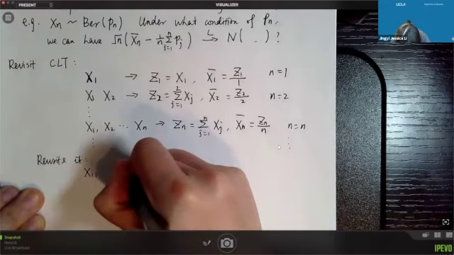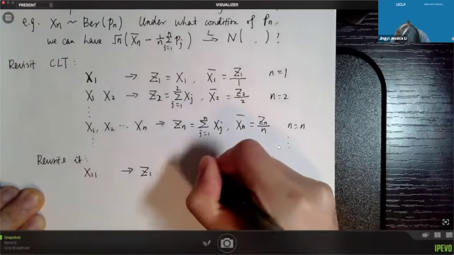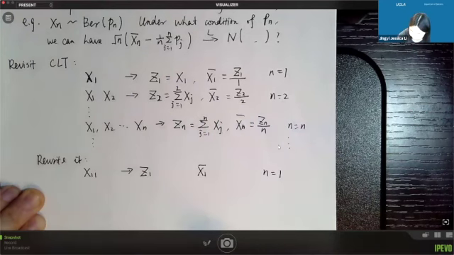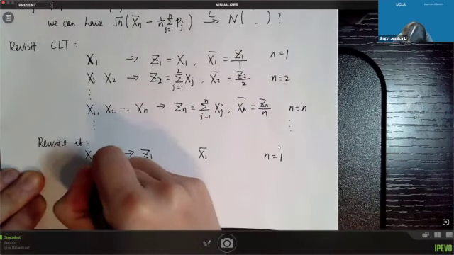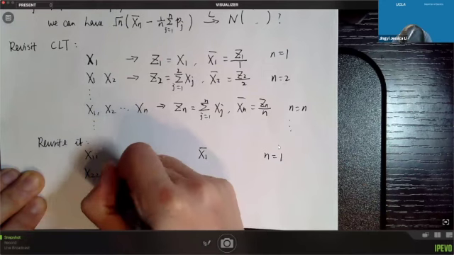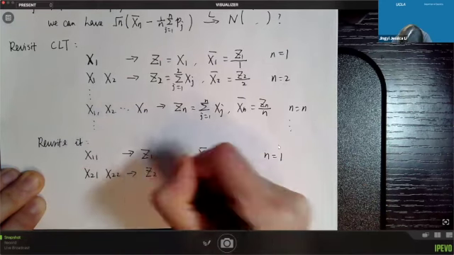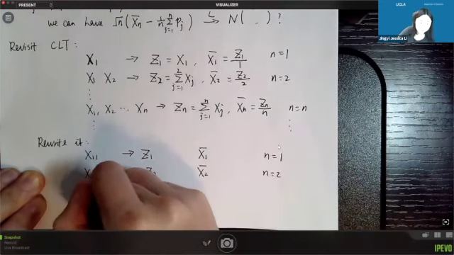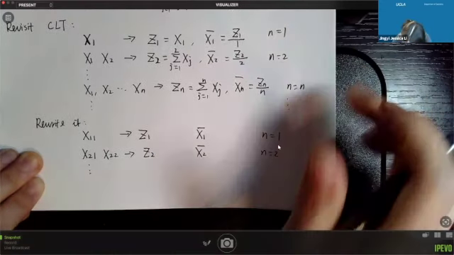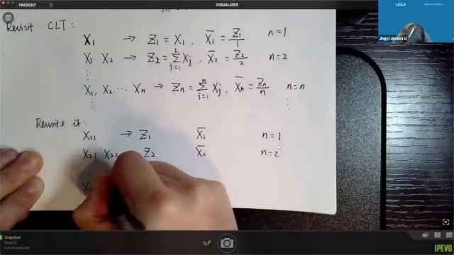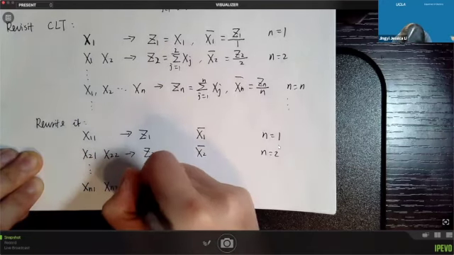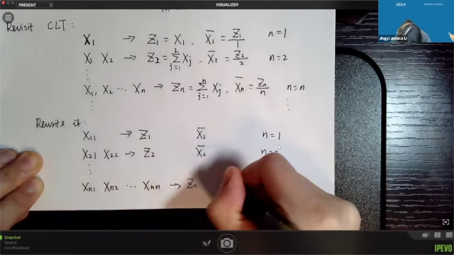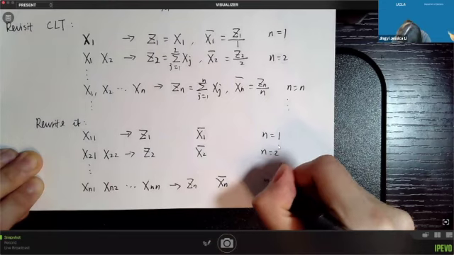So this one gives me Z1 and X1 bar, corresponding to n equals 1. For the second row, we can rewrite as X21, X22. That gives me Z2, X2 bar, for n equals 2. So on, we have Xn1, Xn2, up to Xnn. This gives me Zn, Xn bar, and this is n equals n.